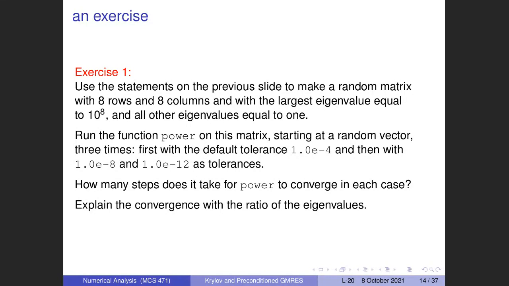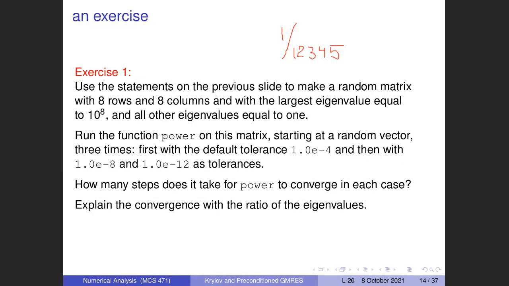Now this will be in some sense a very boring exercise with the default tolerance, because 1, 2, 3, 4, 5 is a 6-digit number. So the ratio of the next to largest eigenvalue to the largest: lambda 2 is 1, and the largest eigenvalue is 1, 2, 3, 4, 5.